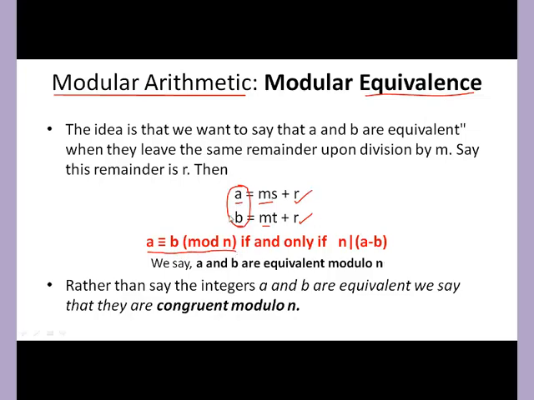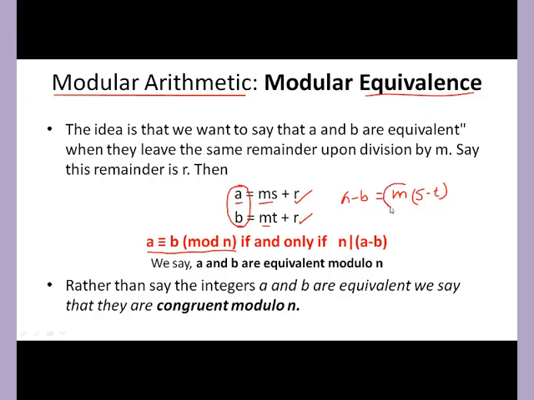We can check: if you subtract B from A, with M common, it becomes M times (S minus T), and this part becomes 0.